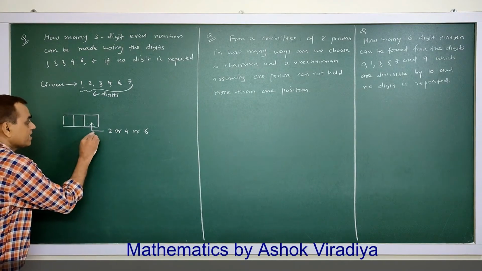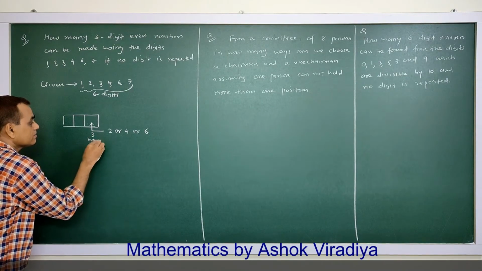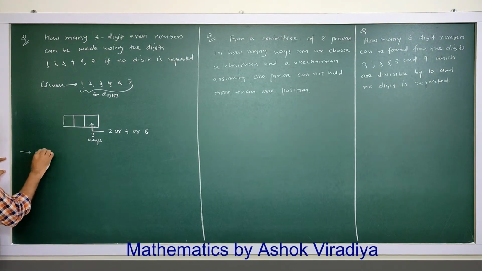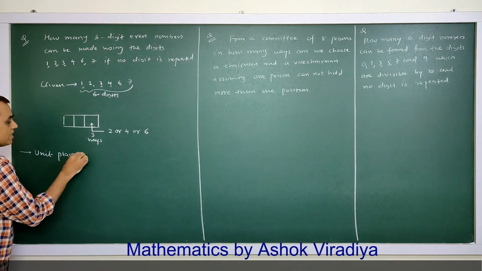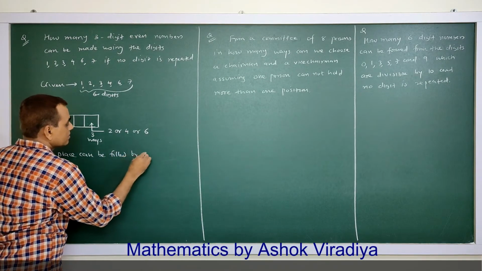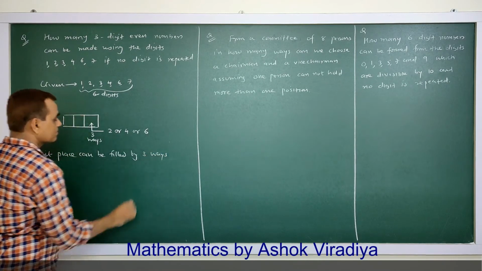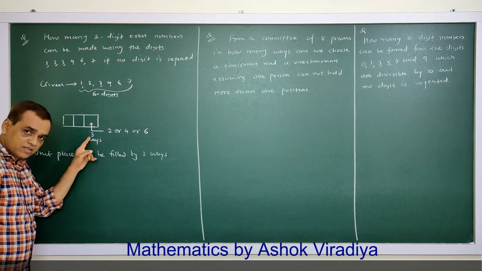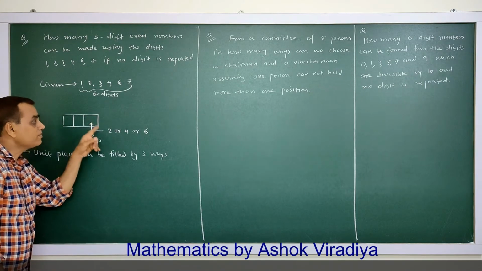So this place can be filled in 3 ways. The beginning should be from this place. This is step 1: the unit place can be filled in 3 ways. The number of ways is 3, but we select any one from these 3.